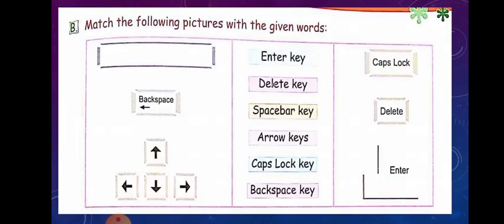Now next one, B. Match the following pictures with the given words. So the picture of spacebar key, then backspace key, arrow key, caps lock key, delete key and enter key has been given, and you have to match it according to the names given in the middle.